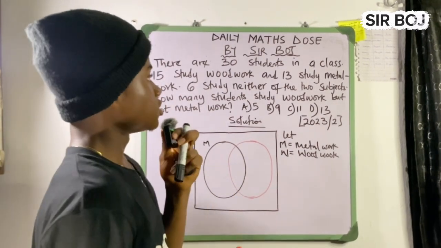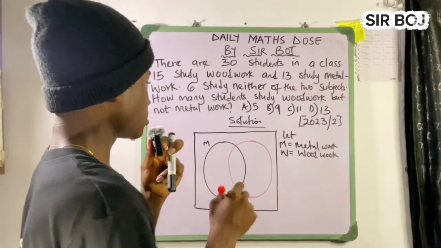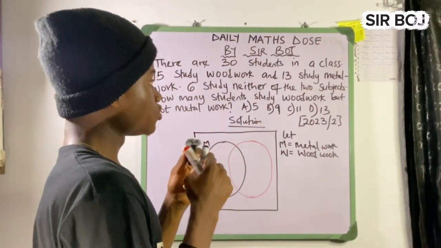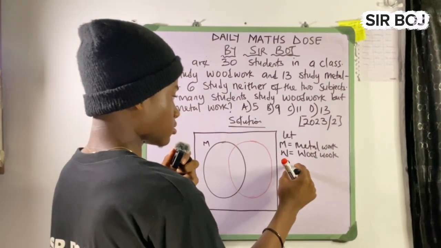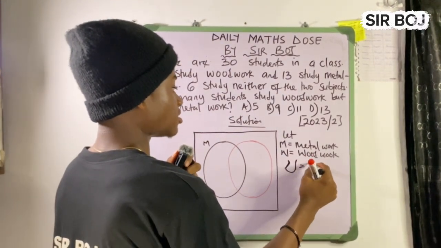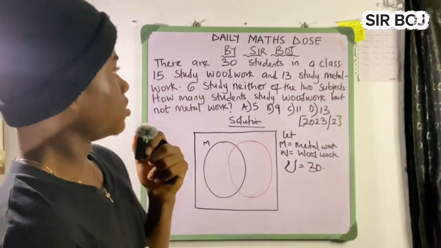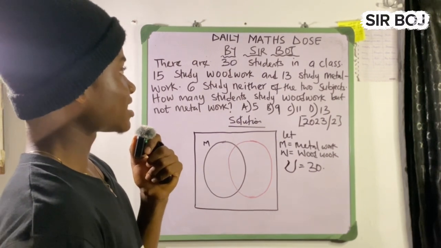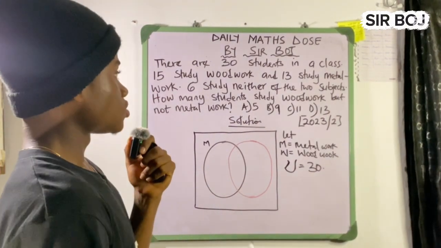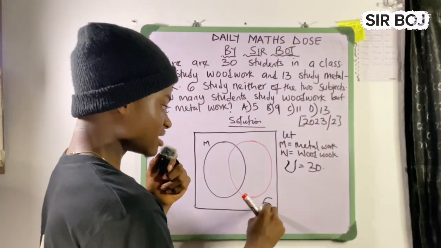All right. So the universal set is 30 students. U or E, that's the mother set, is 30 students. Remember, 15 study woodwork and 13 study metal work. 6 study neither, so we are going to have 6 students outside the circles.